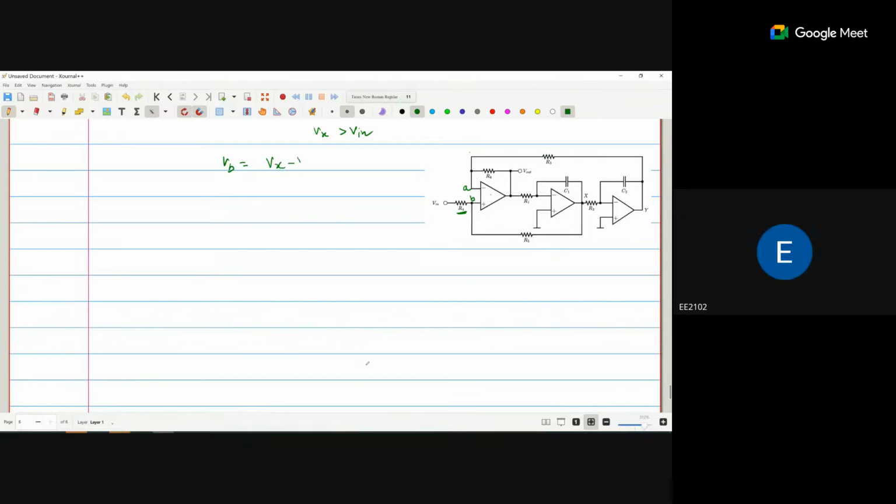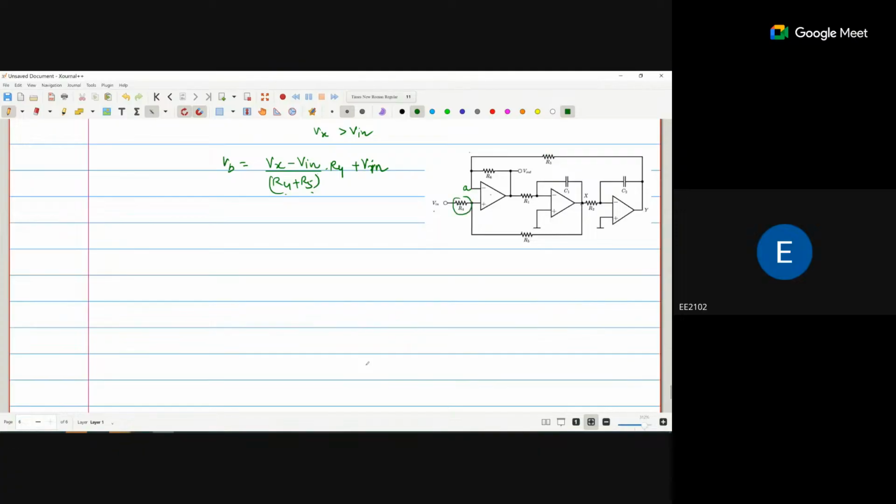Vx minus Vin upon R4 plus R5 times R4 plus V. Why? Because if it is grounded, we assume Vx minus 0 upon R4 plus R5. But here Vin is also there. The current value is Vx minus Vin divided by R4 plus R5. This is the current.